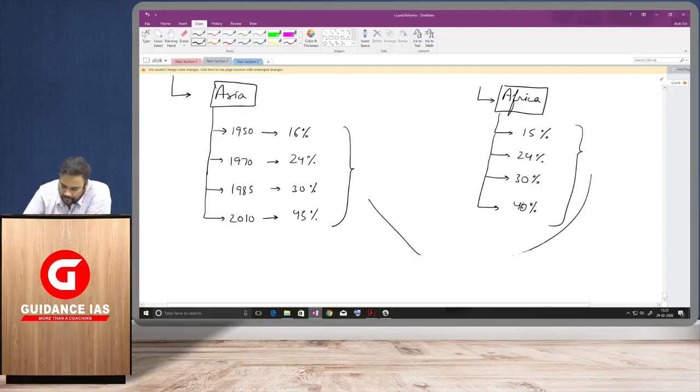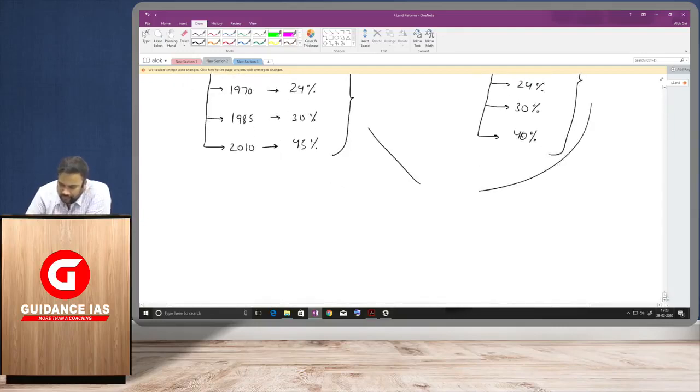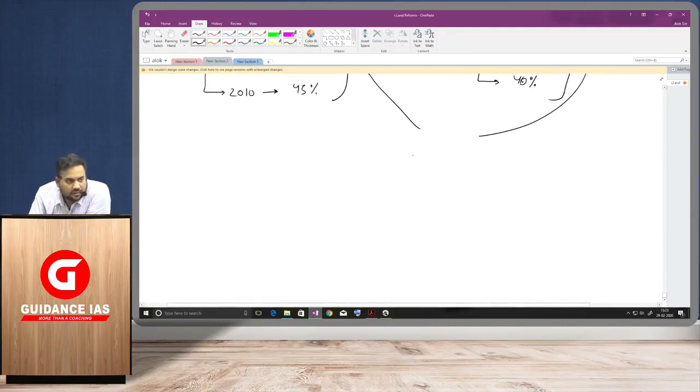So if I explain what is this difference in the urbanization, first of all, commonly, can I say both these continents got independence after the Second World War? And can I say since this period they have embarked upon their development journey?